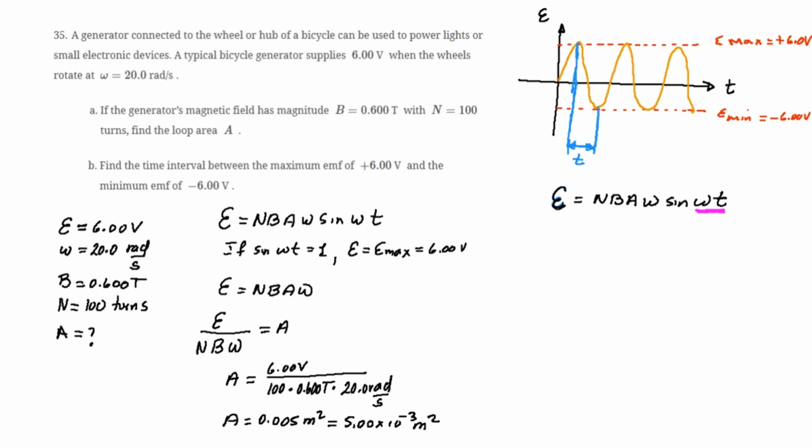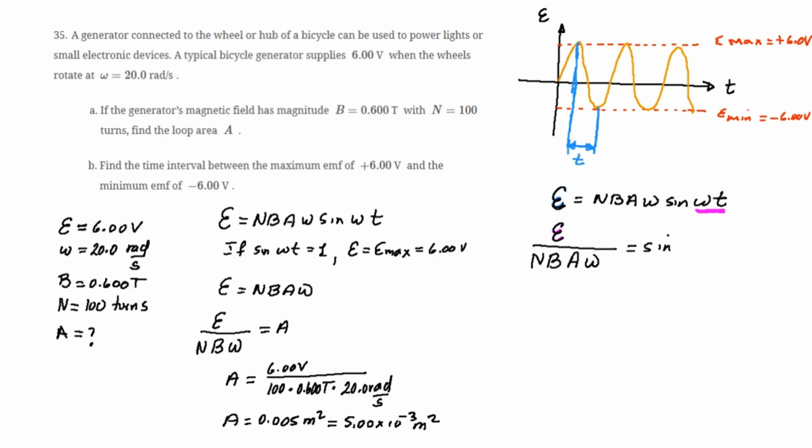I can solve for the sine of omega t. Solving for sine of omega t, electromotive force divided by number of turns times magnetic field times the area of the loop times the frequency of the rotation is equal to the sine of omega t.